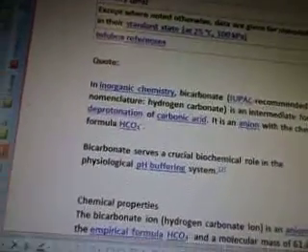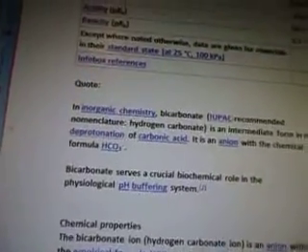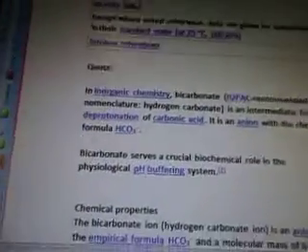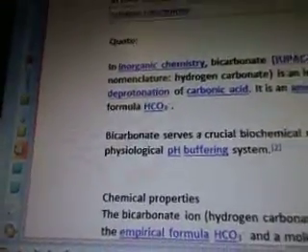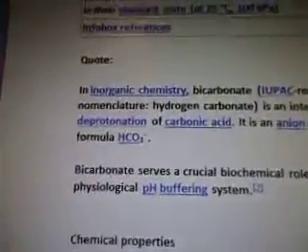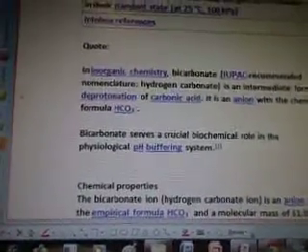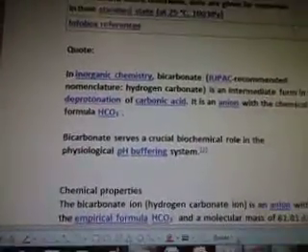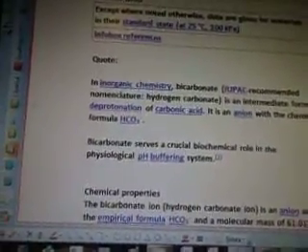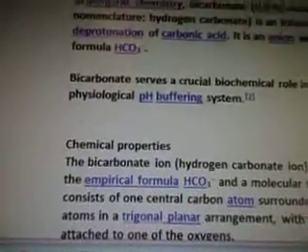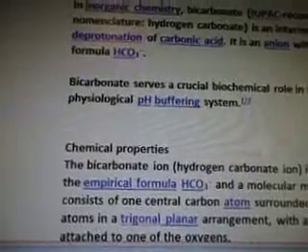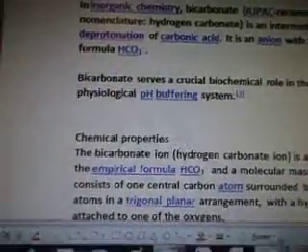In organic chemistry, bicarbonate, IUPAC recommended nomenclature hydrogen carbonate, is an intermediate form in the deprotonation of carbonic acid. It is an anion with the chemical formula HCO3. Bicarbonate serves a crucial biochemical role in the physiological pH buffering system.